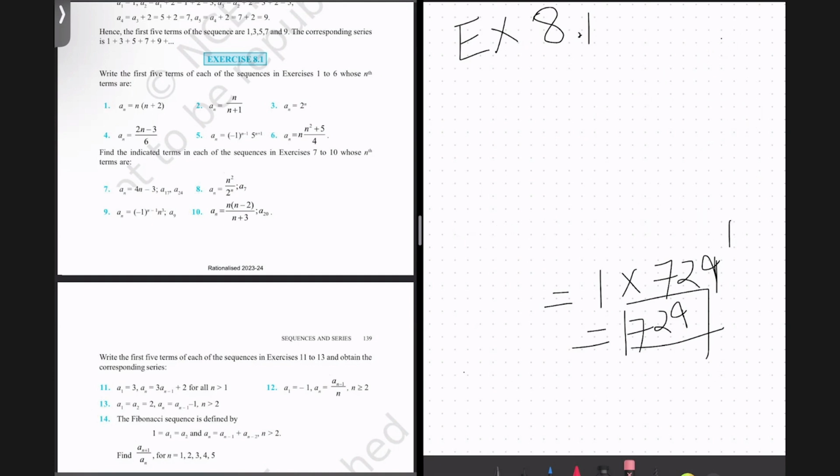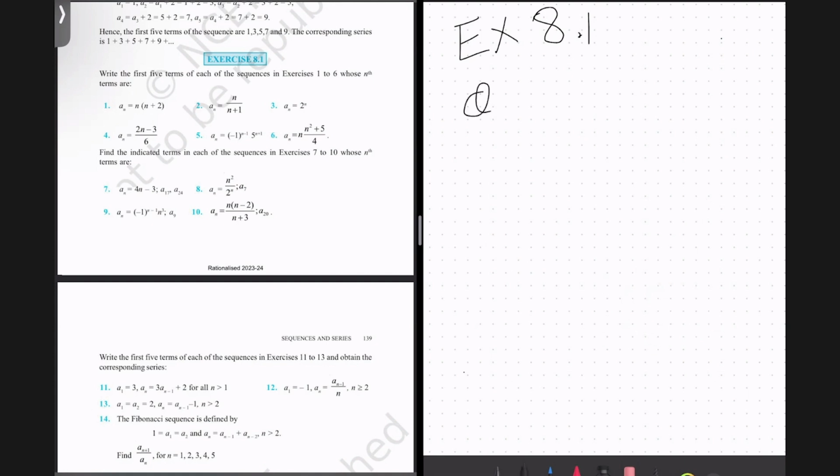Moving on to the 10th question, we have A of n described by the relation n into n minus 2 upon n plus 3, and this would describe the nth term of this sequence.